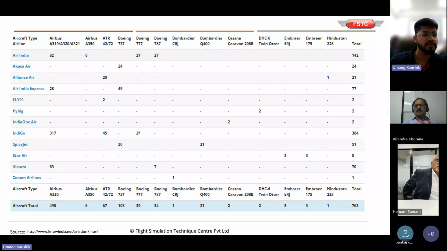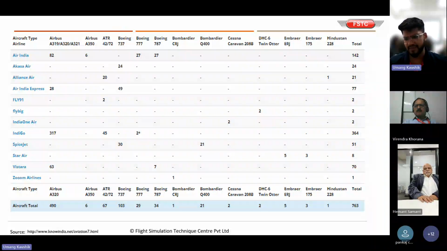So next they have an Airbus A350. They have zero ATR, Boeing 737 nil, 777-27, 787-27. Can anyone tell me in the chat what is the difference between Boeing 777 and 787?